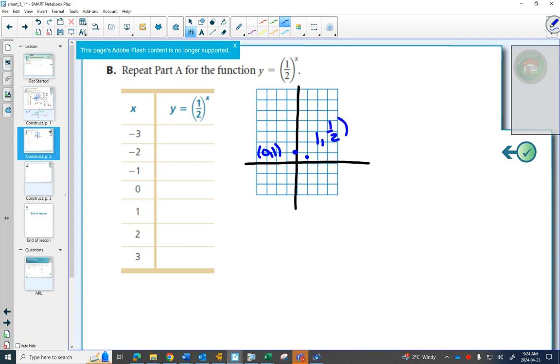I would get 1, half. Does that make sense? So this has the same idea of a shape, but it's going in the opposite direction. In fact, you might recognize that it's the same graph that we drew in part A, just a horizontal flip.